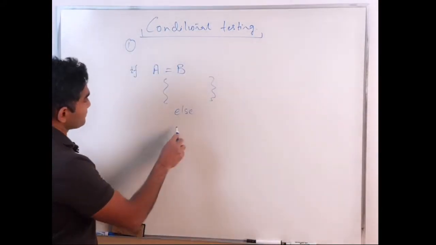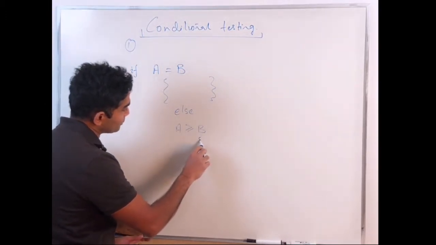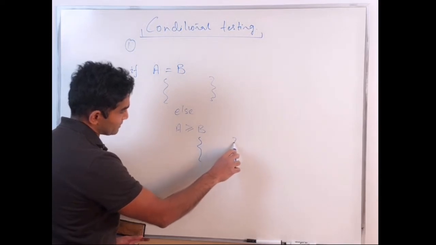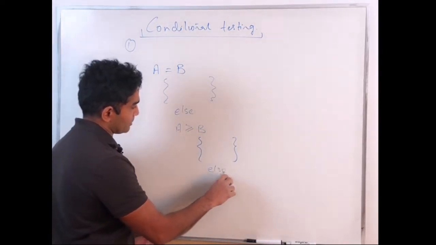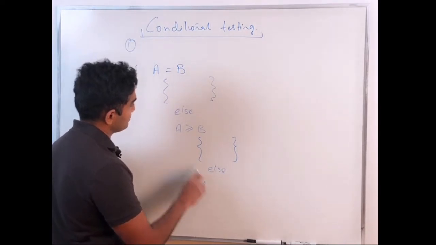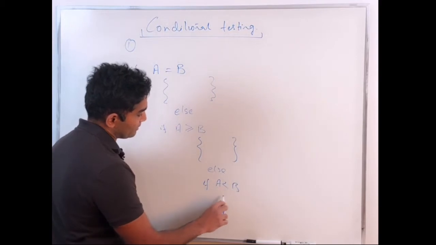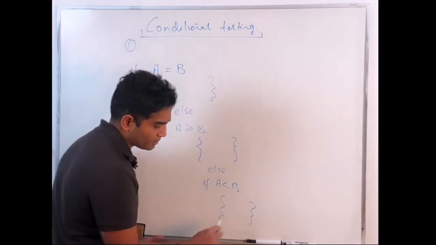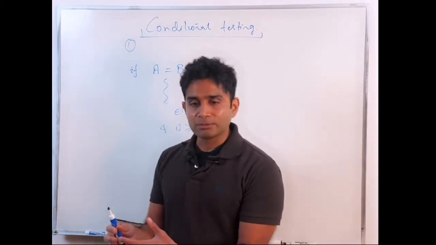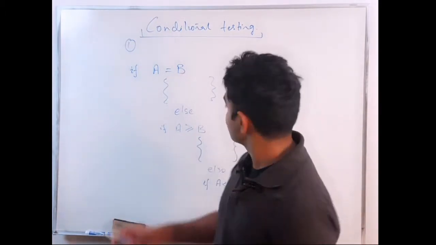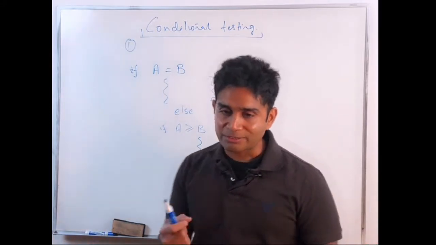And then if a is larger than or equal to b, you ask the computer to do a separate set of instructions. And then if a is less than b, again a separate set of instructions, and so on. So you're enabling the computer, through the program, to take some decisions for you based on these instructions. So you're doing conditional testing.